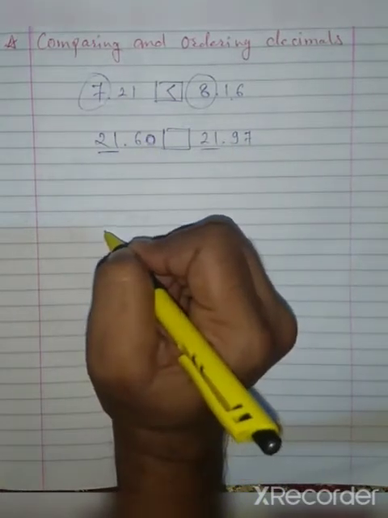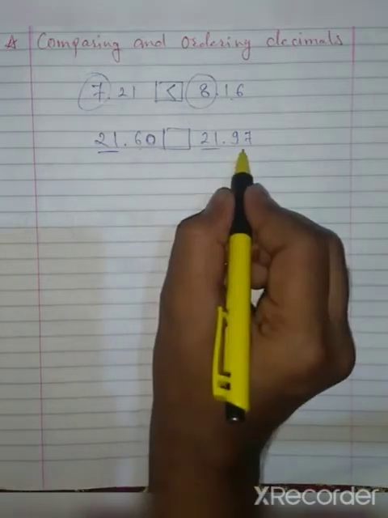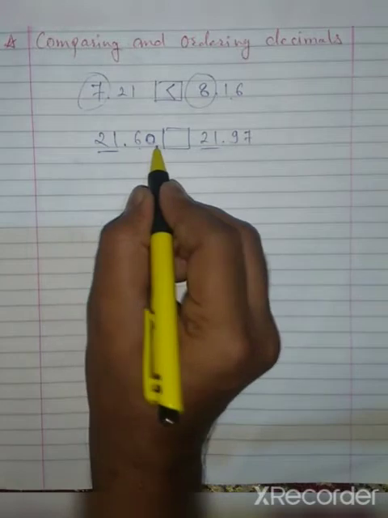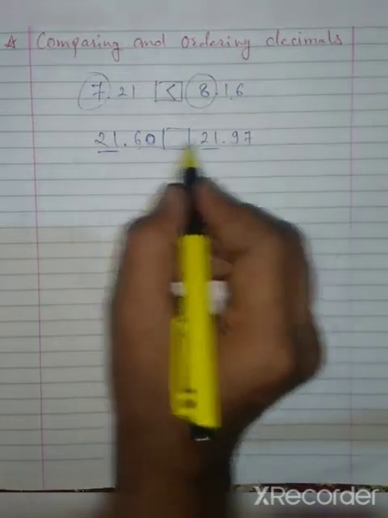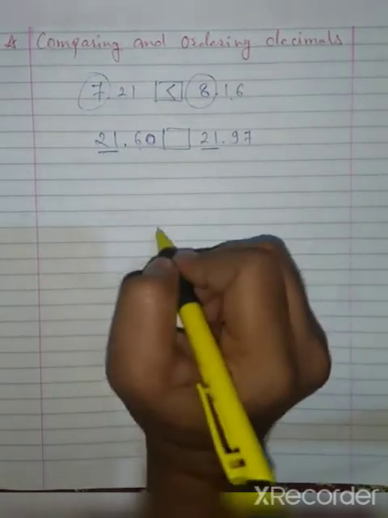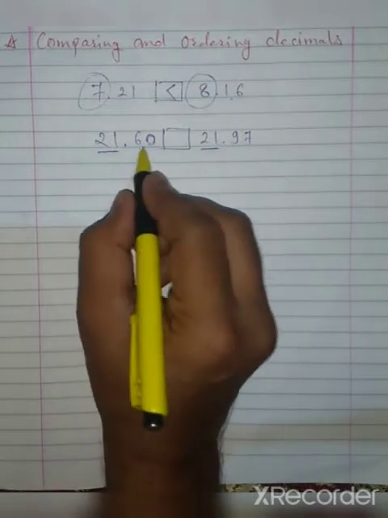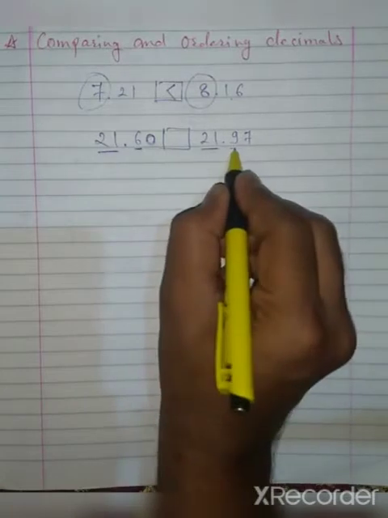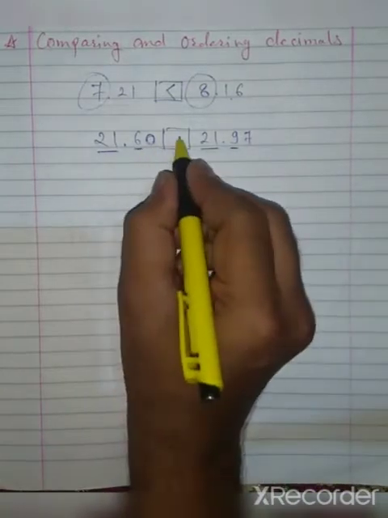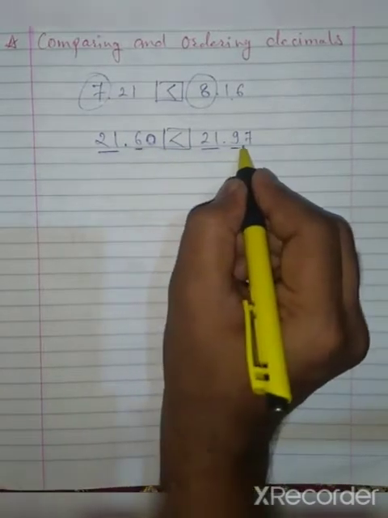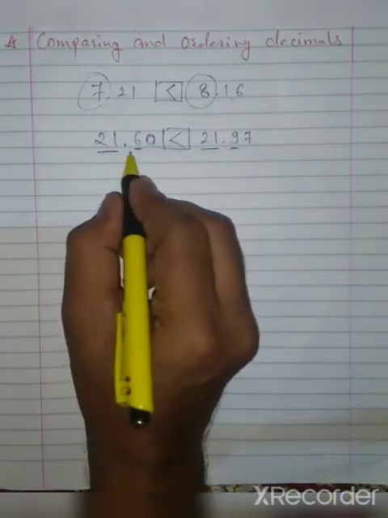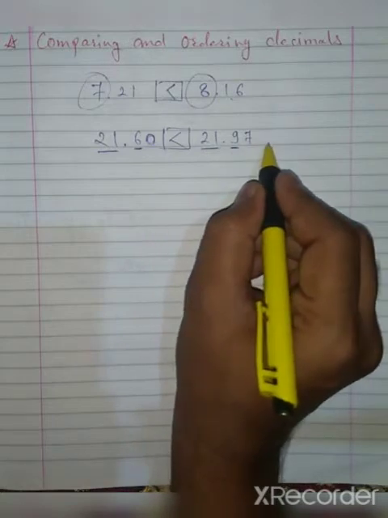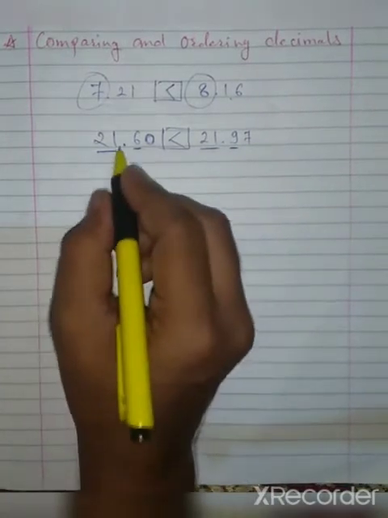Now 2 decimal places and 2 decimal places, and we read it as 21.60 and 21.97. Here 21 is the same. Now compare the decimal part, 60 and 97. Here 6 and here 9. So 6 is less than 9. So now we will write 21.60 is less than 21.97.